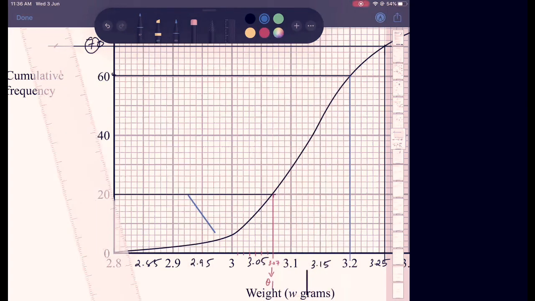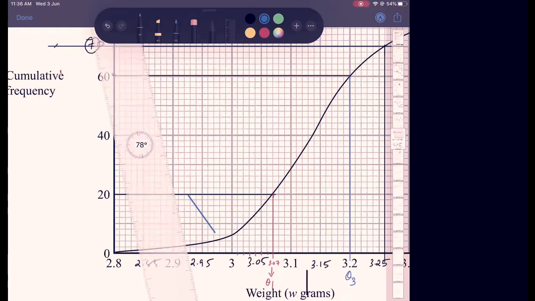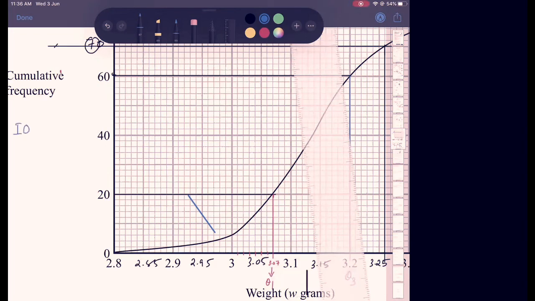Now, how to find the interquartile range? The interquartile range is equal to Q3 minus Q1, which is 3.2 minus 3.07, so that is equal to 0.13 grams.